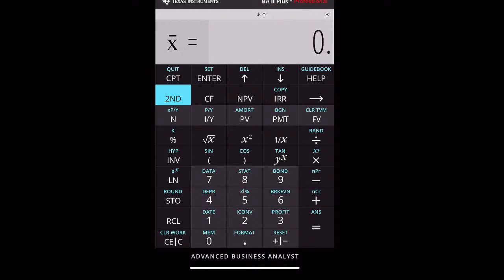So going through my results, the mean is here. The mean is 0. Did I make an error? Going through my data again, making sure I didn't make an error.